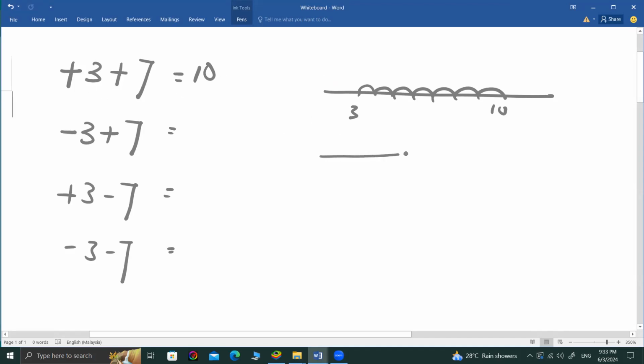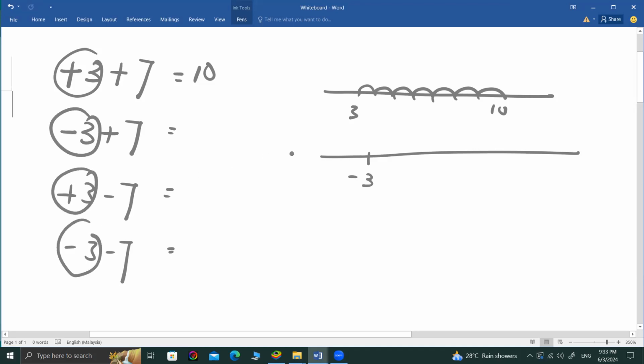Okay, let's say you are at -3. You stand here. No need to copy. Listen to me first. Now I ask you to go 7 steps to the right. 1, 2, 3, 4, 5, 6, 7. Where are you? -2, -1, 0, 1, 2, 3, 4.